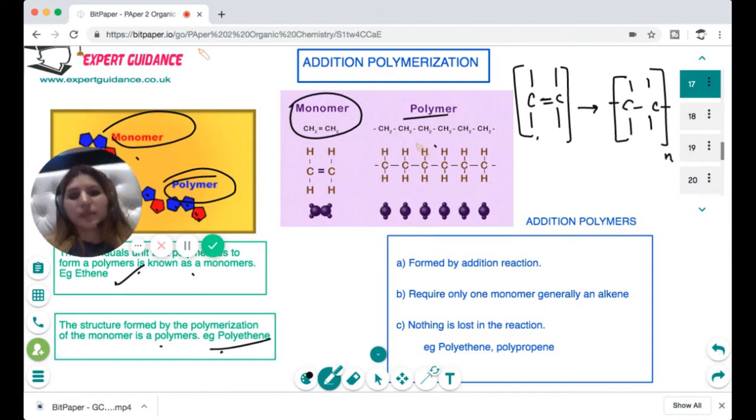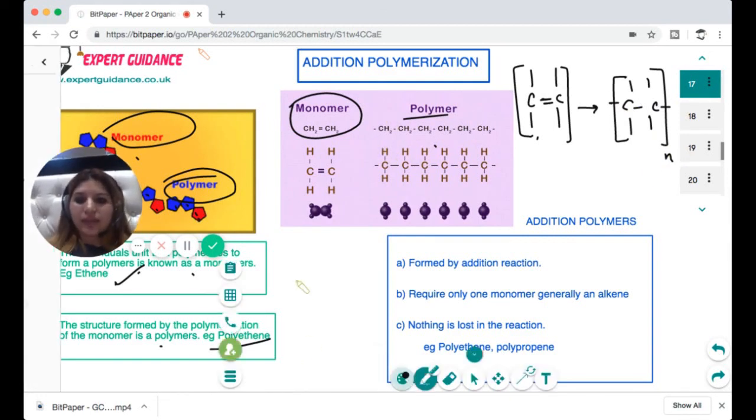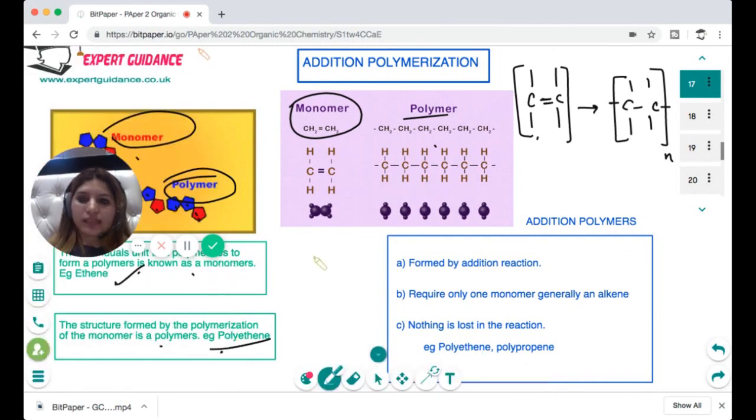That becomes a repeating unit. So for example, if the ethene molecule is given to us, then this will be our ethene, and I'll write n in front of it. To make the polymer, I'll convert the double bond into a single bond, join it to the ends, and then write n at the bottom.